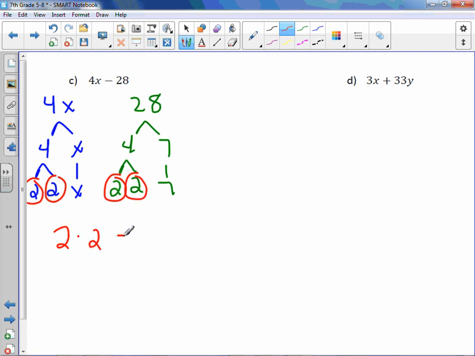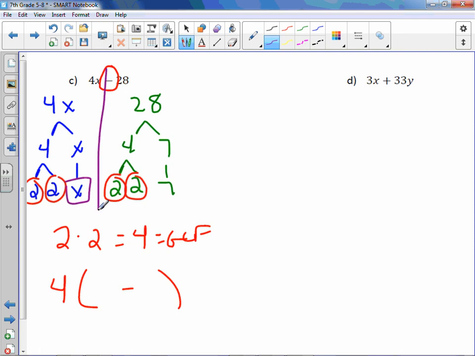That's it. So 4 is our GCF, which means 4 goes on the outside of our parentheses. We're bringing down a negative sign. And we have x that's left on this side, so x. And we have 7 that's left on the right side, so 7.